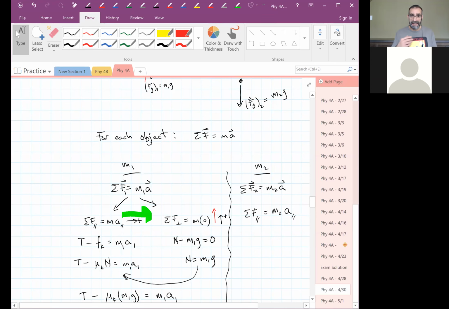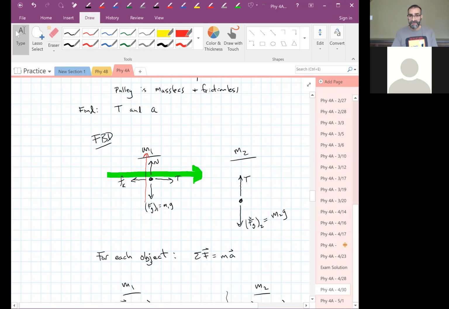So this is how I make sure my accelerations are always the same. For the first mass in my system, I pick any direction I want. If I know the acceleration is in some direction, I try to pick that as my positive direction, but it doesn't really matter. Pick any direction you want for your positive direction for the first one. And then that fixes the positive direction for everything else in your system. And if you do that, then your accelerations will all have the same sign.